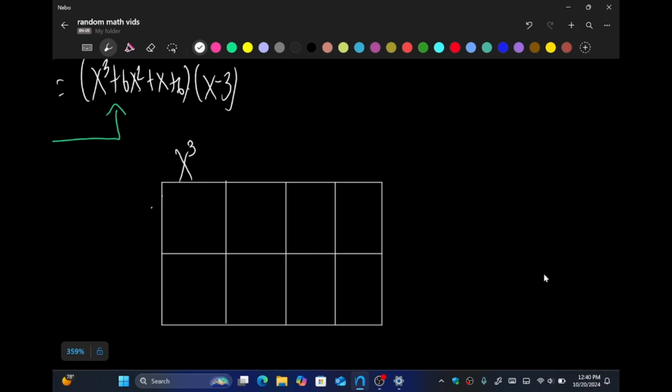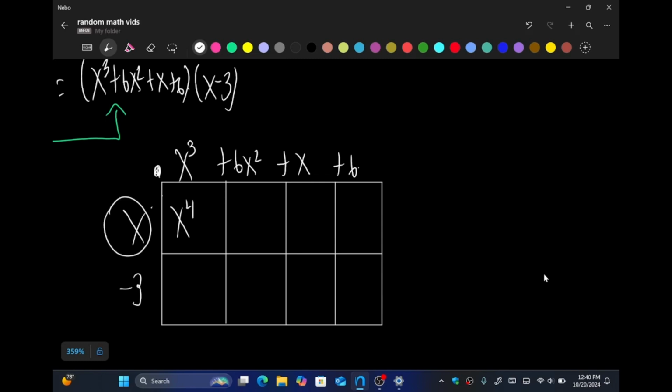So x cubed plus 6x squared plus x plus 6, and then x minus 3. So again, multiplying, we get x to the 4th. 6x squared times x is 6x cubed, so plus 6x cubed. It's okay to put the plus, guys, because at the end of the day, we're adding all of these. Plus x times x, so plus x squared.